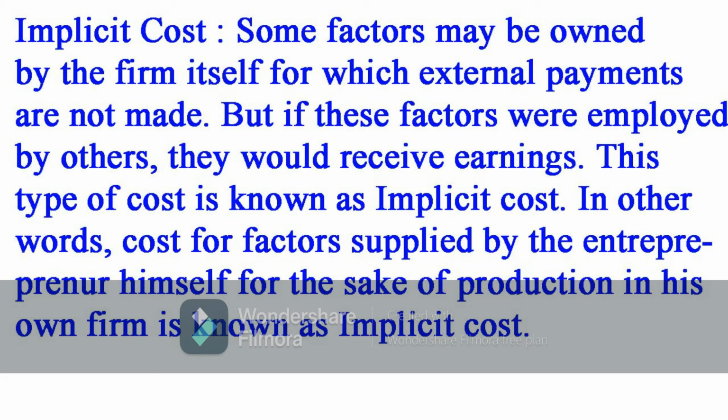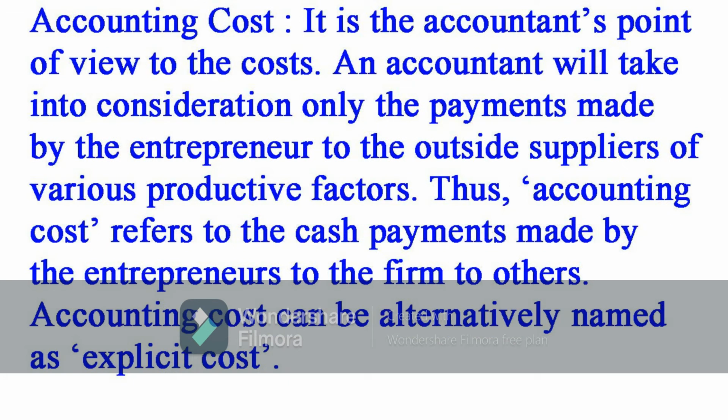Another, accounting cost and economic cost. Accounting cost is that cost which is taken into consideration while making accounting entry by the accountant. It is the accountant's point of view to the cost.